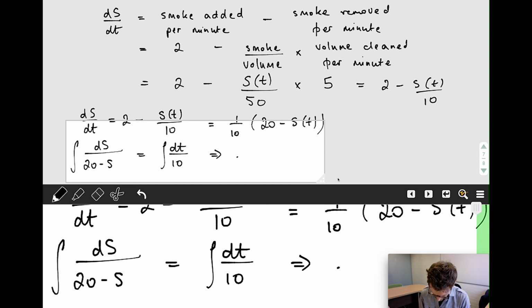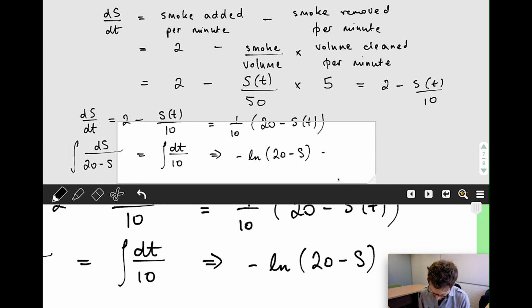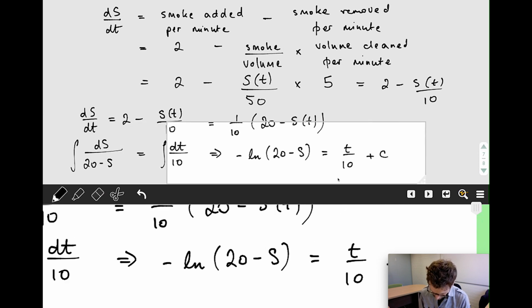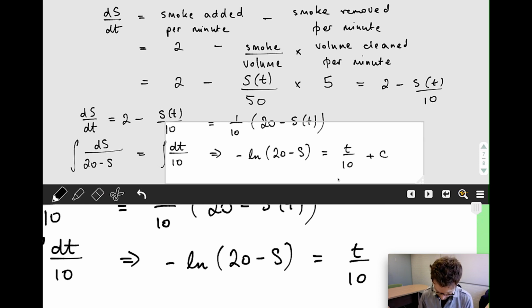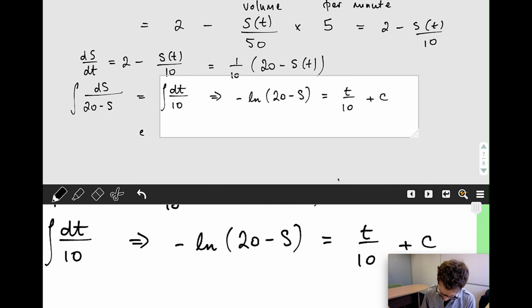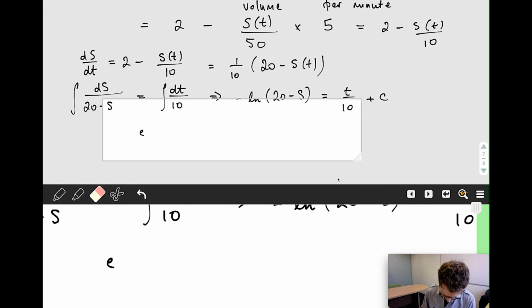It's going to be given by minus the natural logarithm of 20 minus S. And the right-hand side is going to be given by t over 10. And of course we need to include a constant of integration. Let's now solve that for S(t). So taking an exponential of both sides. In fact, if I deal with that minus sign first, it might make life a little bit easier.